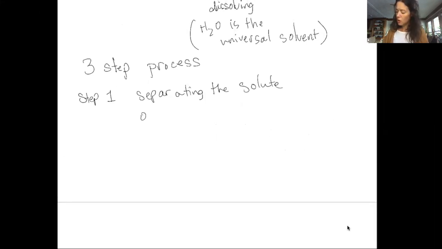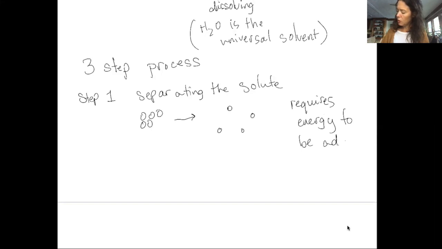So we need that solute to separate. We need it to come apart. This requires the input of energy. Well, the way I write it like that, it looks like the energy is coming out of it. Requires energy to be added. You will see this pop up again when we talk about thermochem, maybe.